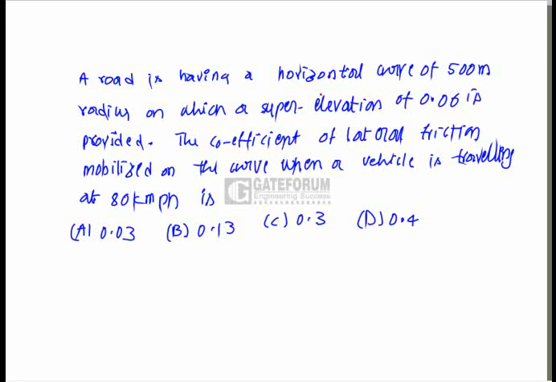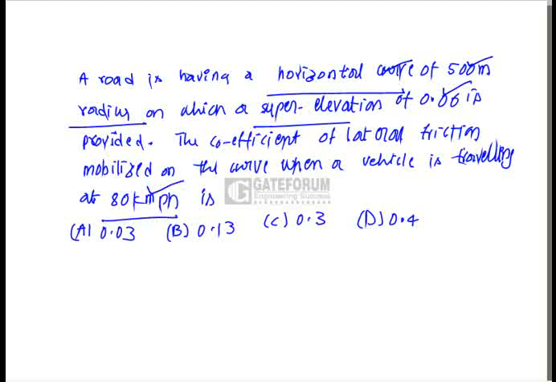This is the problem related to horizontal curves. The horizontal curve of radius 500 meters is given, and the superelevation e of 0.06 is given. The coefficient of lateral friction has to be calculated, and the vehicle is moving at a speed of 80 kmph.